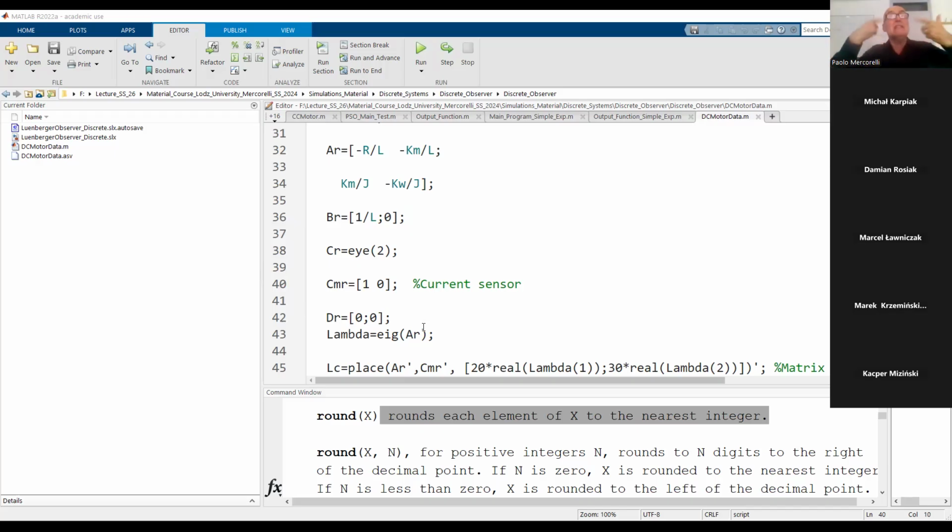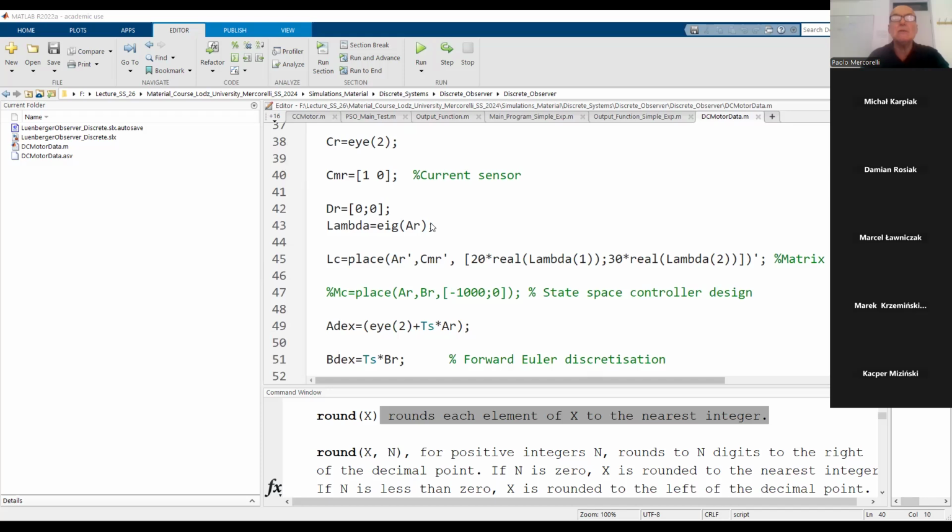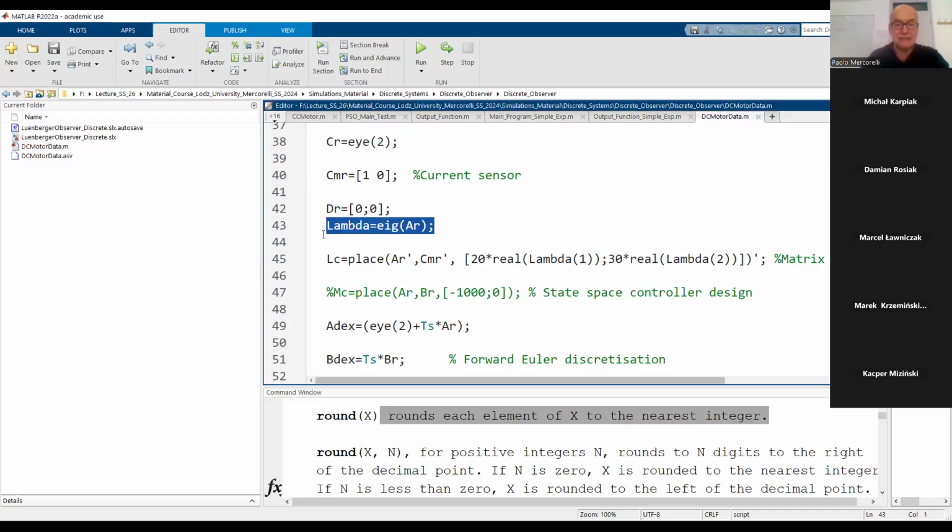Why that? Because the measurements are affected by noise, by error. But next time I will tell you more. Look at this: I am calculating the eigenvalues of my matrix AR. Look what I am doing here now.